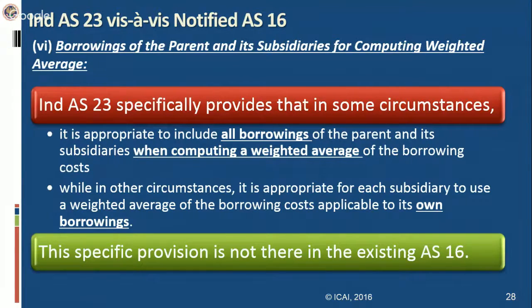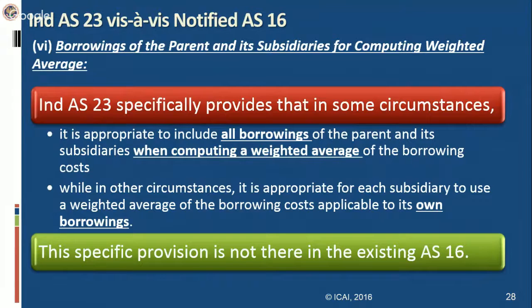That means it may be appropriate to include all borrowings, not only of the parent or only of the subsidiaries, but of both. While in other circumstances, it may be appropriate for each subsidiary to use a weighted average of the borrowing cost applicable to its own borrowings.